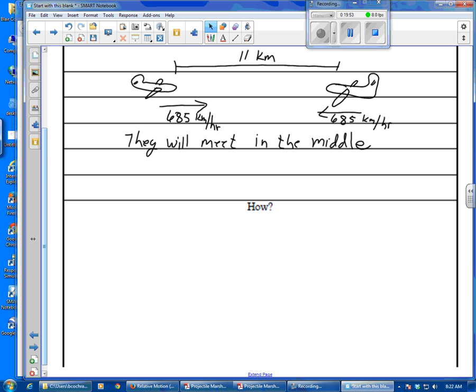I'm just going to focus in on the left-hand plane, and I know I'm going to call where the left-hand plane starts 0. So that means its d naught is going to be 0 kilometers. Its d is going to be 11 kilometers over 2, because it's going to meet halfway in between.